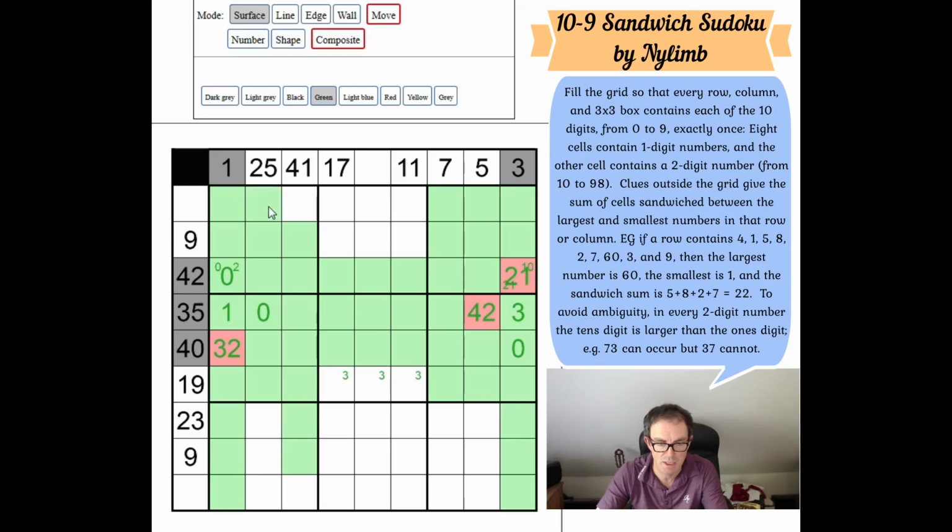It can't go here. It's got to be 4 digits. It has to be. So it has to be here, I think. Now, why is that important? Well, that's important because now the 41 must have its 2-digit cell there. And all of a sudden, we are starting to impose some structure on this seemingly impossible problem.